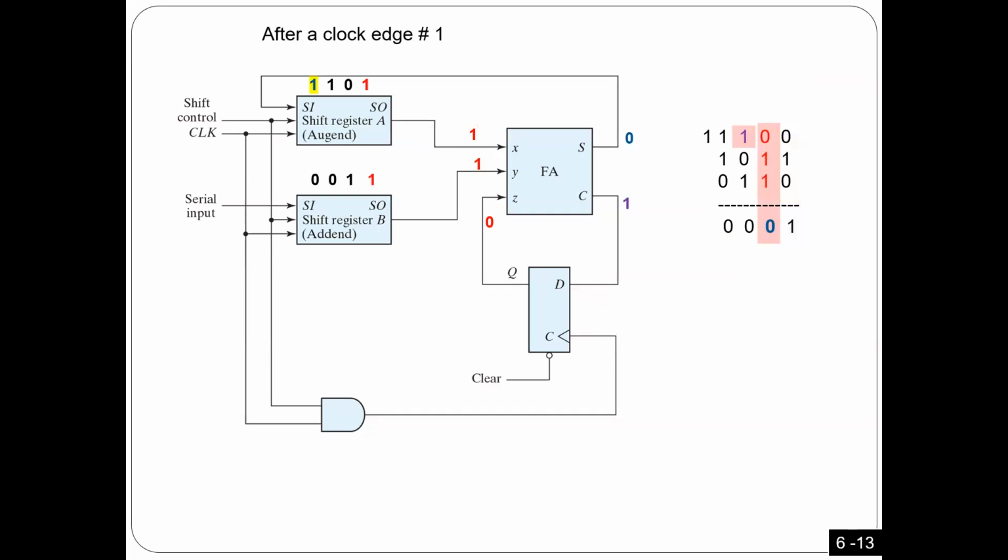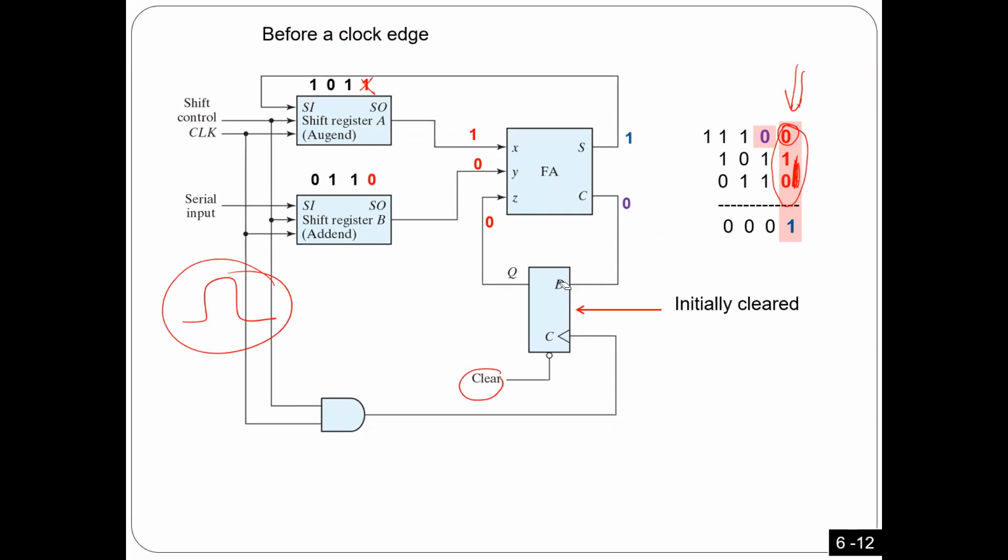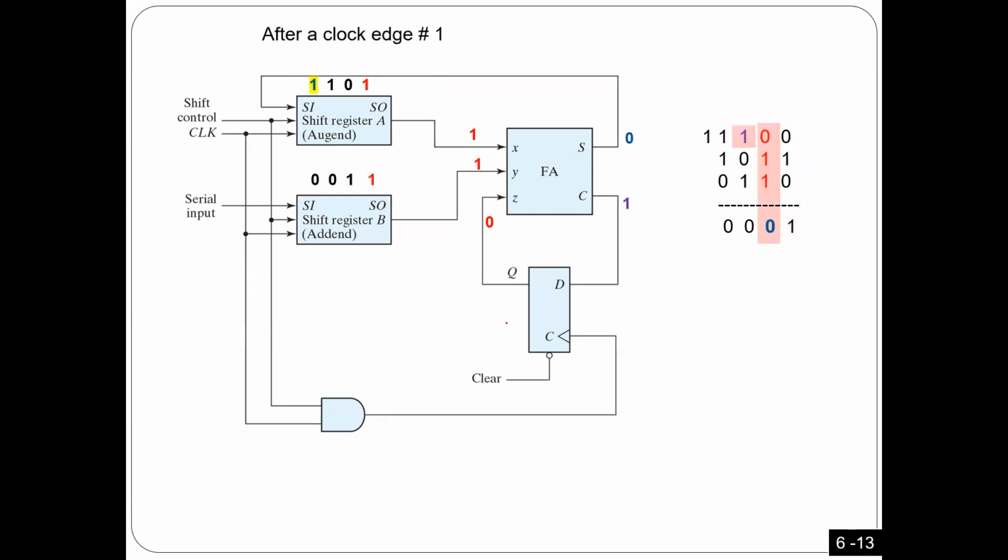What happened if you compare this one with this one, okay? After 1 shift, this one is gone, this one is gone. Now this bit is out, now this bit is out. Now this bit here is going to be shifted to here. And now the carry resulted from adding the first 2 bits is going to come here, okay? That's it, as you see here.